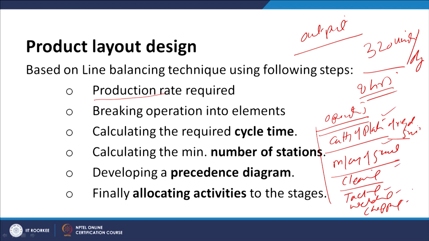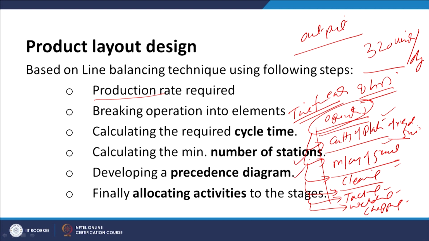Once these steps are identified, we can estimate from work measurement techniques the time to complete each job. So, time for each element is identified. The operation is broken down into different elements having individual identity, and the time for completion of each element is identified.